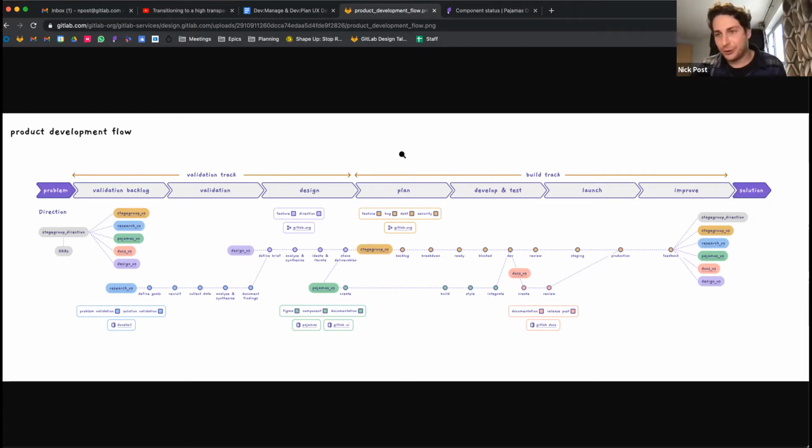And I've forgotten your question. What was the question? Oh, I forgot mine too. Oh, what would be the benefit of tracking the history of the component? Right. So when creating these issues around components, you will tag the component with a badge which says component path or component whatever.